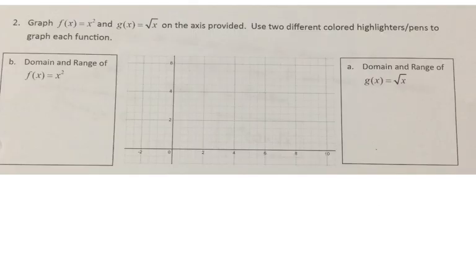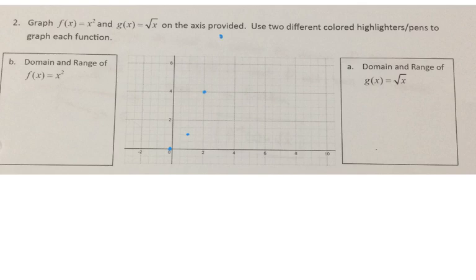It says graph f of x equals x squared and g of x equals radical x on the axis provided. Using 2 different colored highlighters or pens, graph each function. First, let's graph f of x equals x squared. I know my critical points: 0, 0, 1, 1, 2, 4, 3, 9.